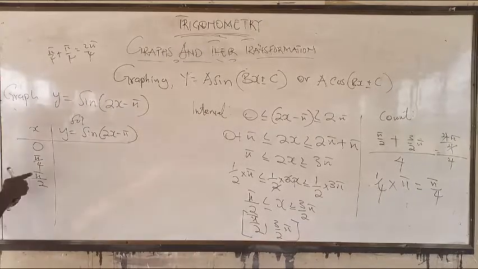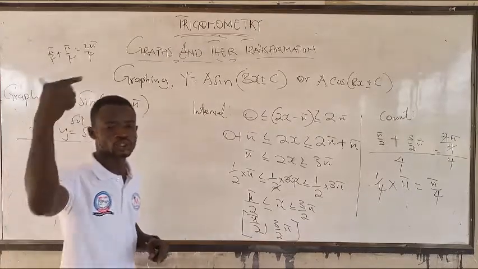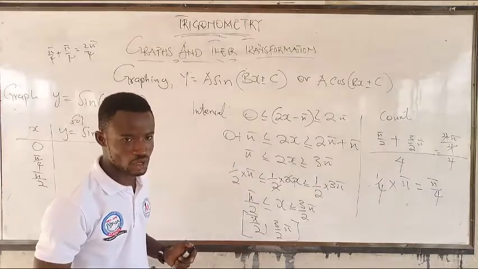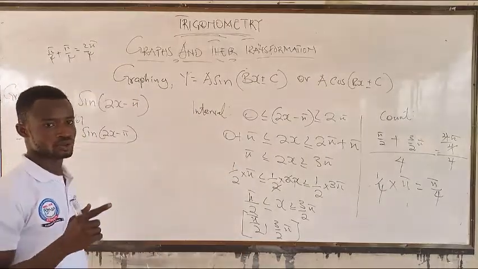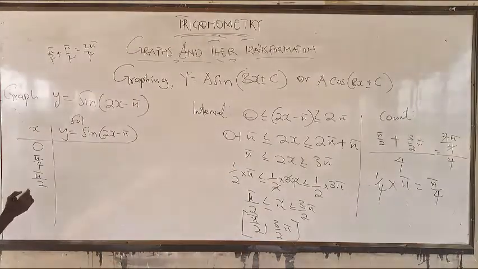So now, pi on 2, add it to pi on 4, and that is going to give you 3 pi on 4.